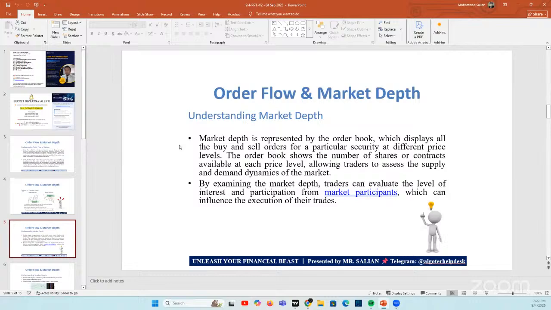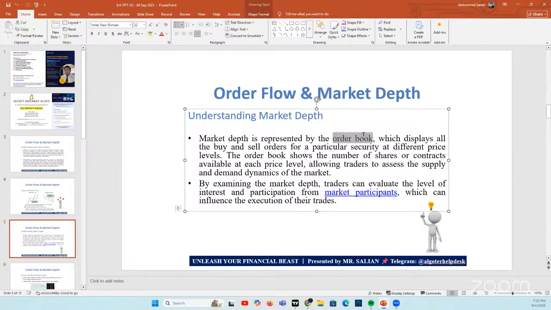Market depth is represented by the order book. What is this order book? Is this a book we need to read? It displays all the buy and sell orders for a particular security at different price levels. You will see this in a while.